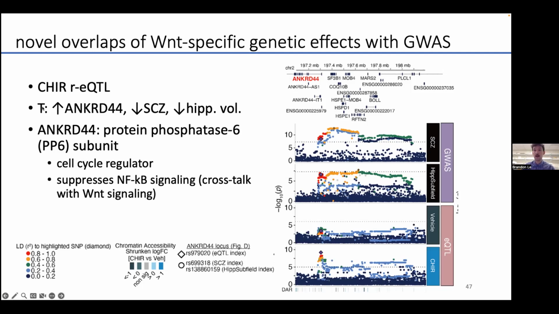Perhaps the T allele that these GWAS said is associated with lower schizophrenia risk and lower hippocampal volume, that same T allele is associated with increased expression of ANKRD44. And this is interesting to neural progenitor cell biology and Wnt signaling, because this protein is known to have roles in cell cycle regulation and can also suppress signaling of pathways that have crosstalk with Wnt, like the NF-kappa B pathway.